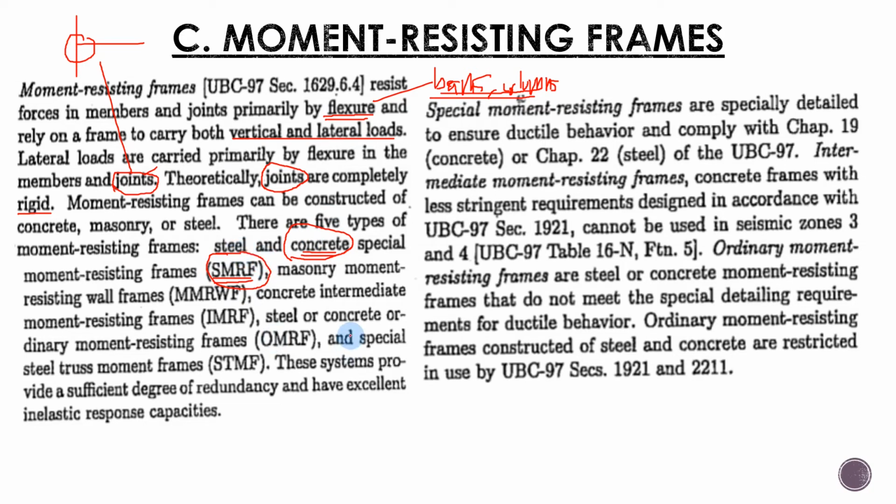Okay? So masonry moment resisting wall frames, concrete intermediate moment resisting frame, steel or concrete ordinary moment resisting frames. So naa silay mga kalahian guys, though dili ako ma-elaborate kayo kung unsa ang specific na difference.